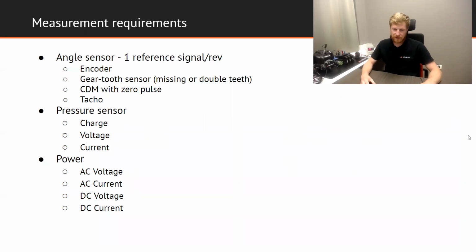So the requirements for doing any kind of measurement on hybrid powertrains are similar to using a combustion analyzer or doing power analysis. For a combustion analyzer, we need to have one angle sensor on the crankshaft of the engine, and we need to have one pressure sensor on the engine to measure the cylinder pressure.